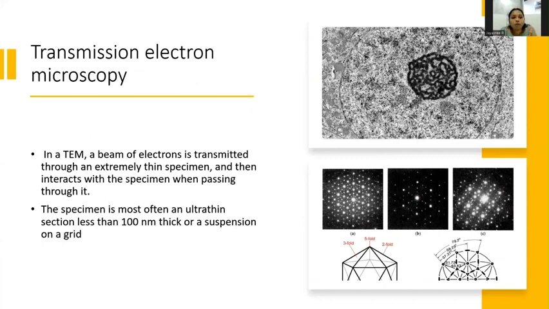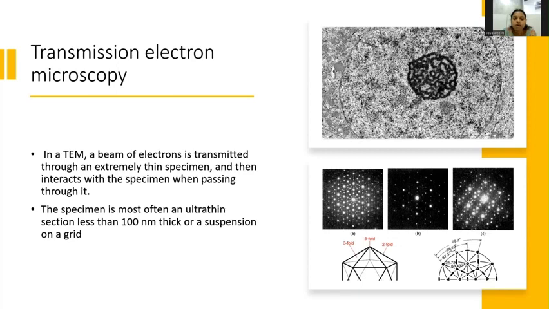And one more characterization you will be often using is your transmission electron microscopy. So unlike scanning electron microscopy, where the electron beam falls only on the surface of the sample, in the transmission electron microscopy, the electrons will get transmitted through the sample.